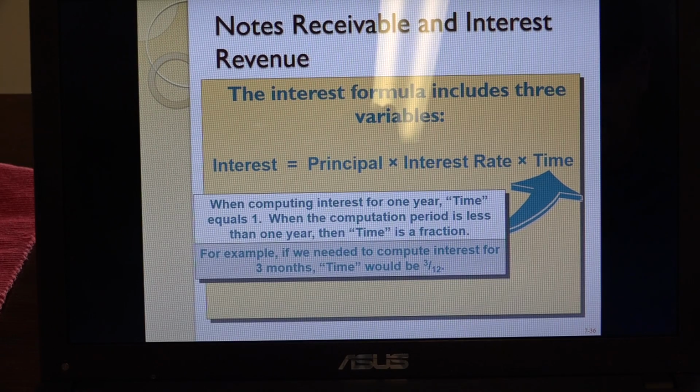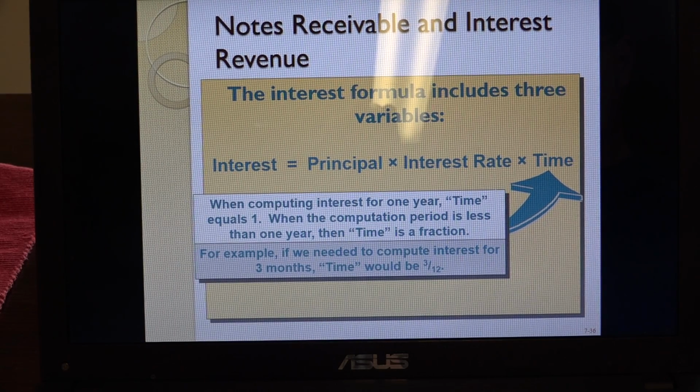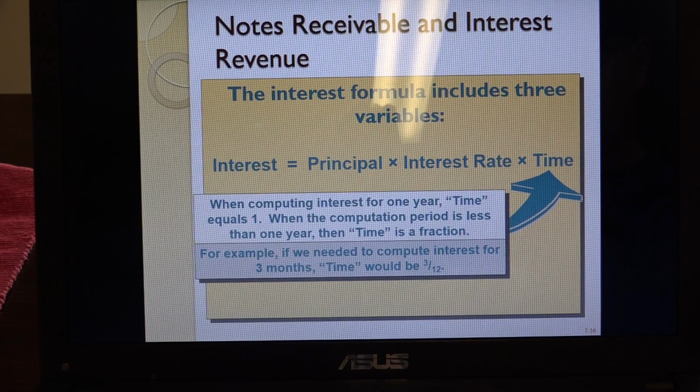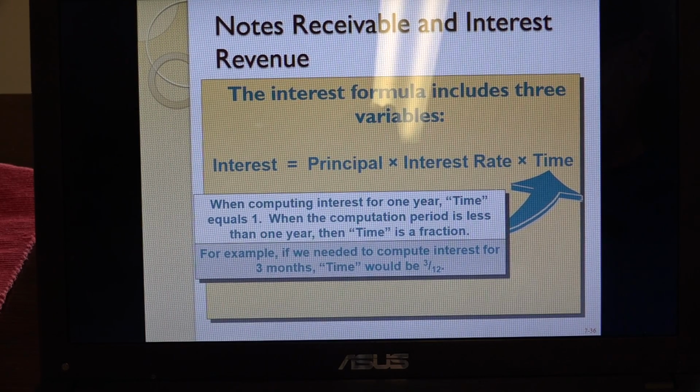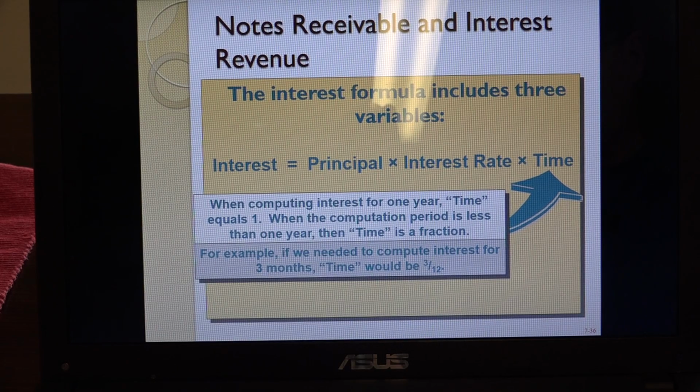Now, accounting books invariably try to make this easy by having what are called balloon payments. In other words, the payment of the principal is done all at once, 6 months or a year later. I mean, this never happens in real life, right? But you just have to suspend reality so you can deal with the accounting issue.